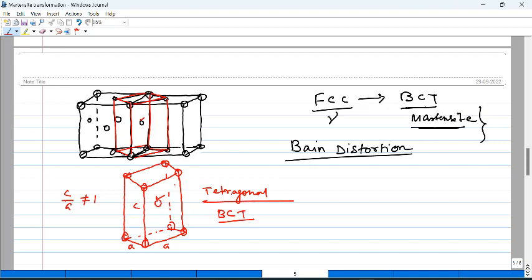If you calculate, you can easily find out that C by A will be around 1.4. How is that?